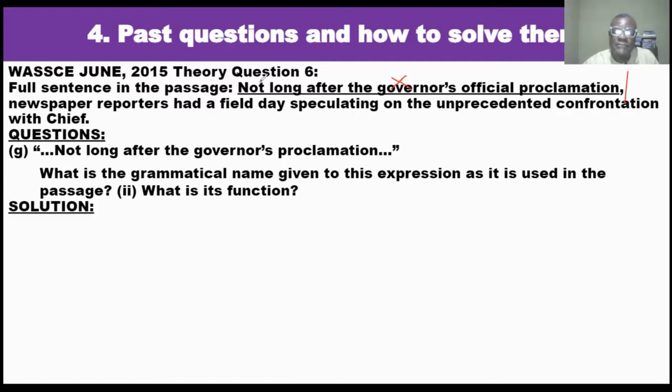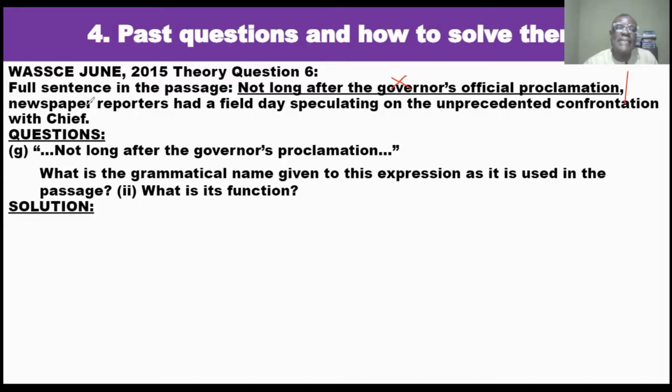Now let's begin. Let's assume that this is removed and then we read the rest of the sentence. Newspaper reporters had a field day speculating on the unprecedented confrontation with chief. Now, as soon as someone gives you this report, what kind of question can you ask him? There are a number of questions.